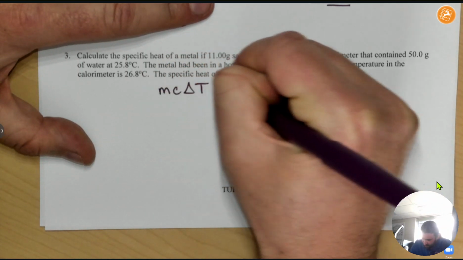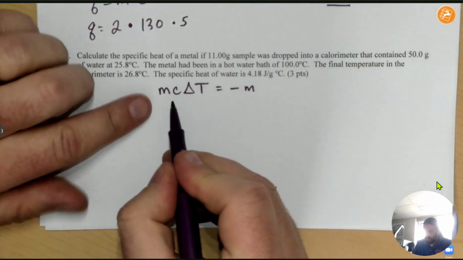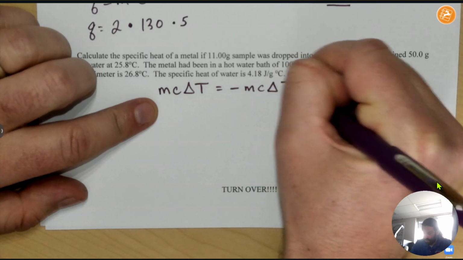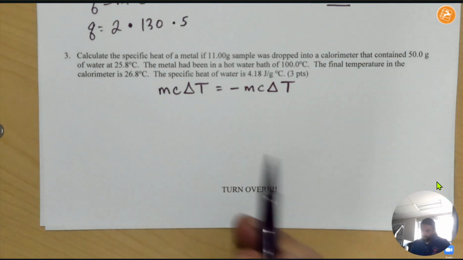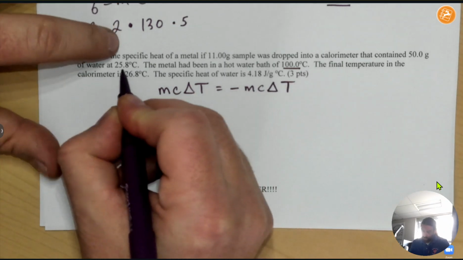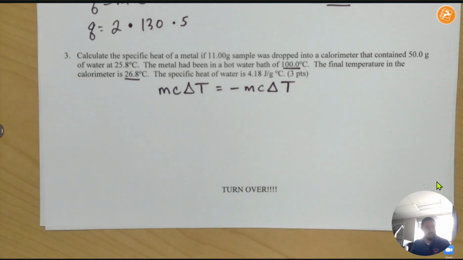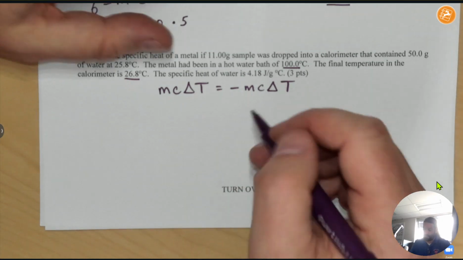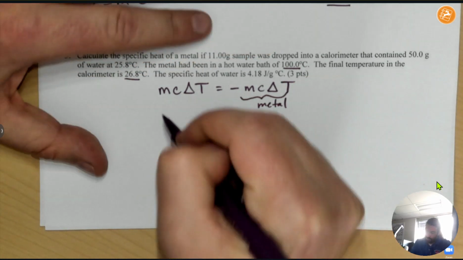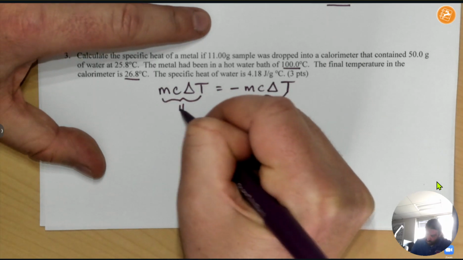And since heat is mc delta T, I can say that the heat gained is equal to the heat lost in the other substance. All right, so let's see what we got here. First of all, since the metal is going from 100 to 26.8, that means it lost heat. So this side of the equation will be for our metal, and this side of the equation will be for our water.